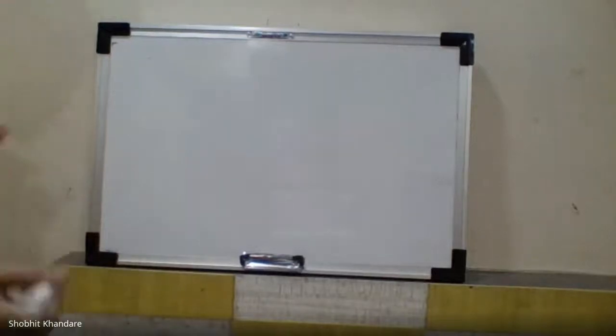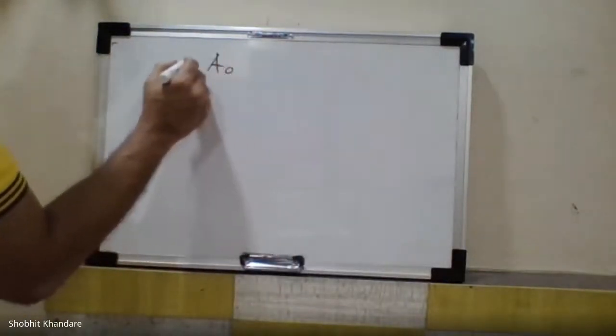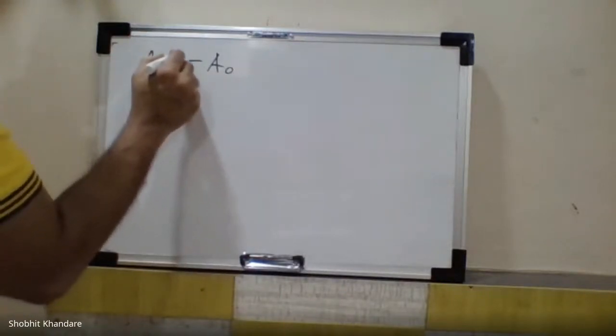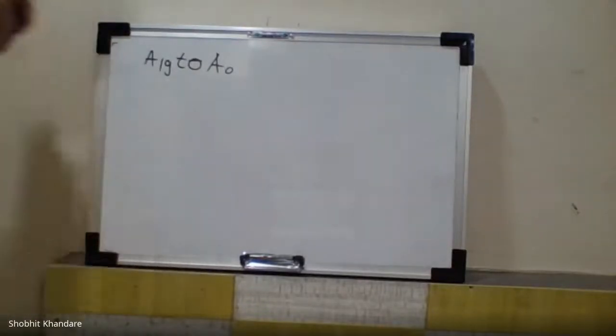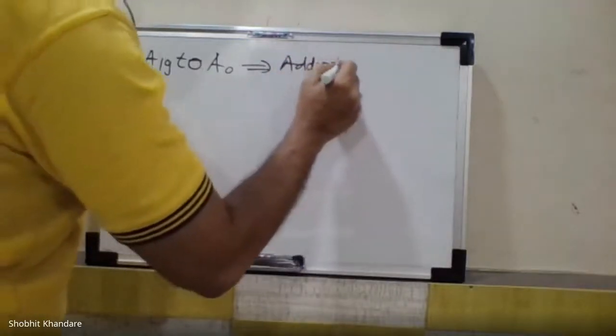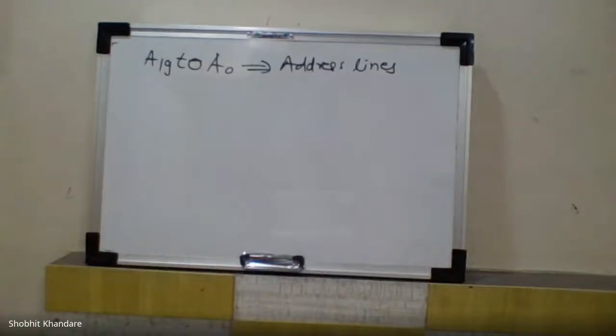So you know that there are 20 address lines, A19 to A0. They are the address lines, a 20-bit address line.